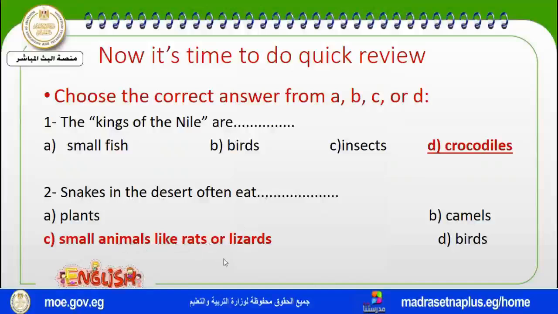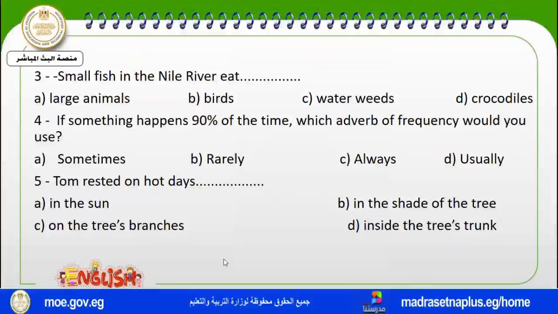Let's have another question. Small fish in the Nile River eat large animals, birds, water weeds, crocodiles. Which one can the small fish eat? Another question. If something happens 90% of the time, which adverb of frequency would you use?